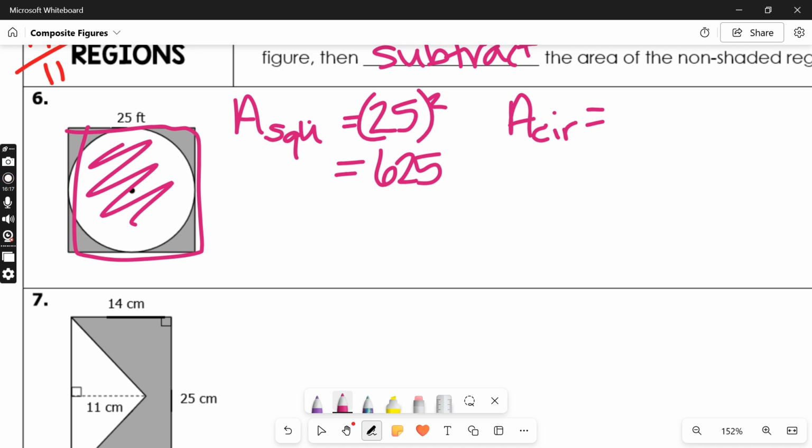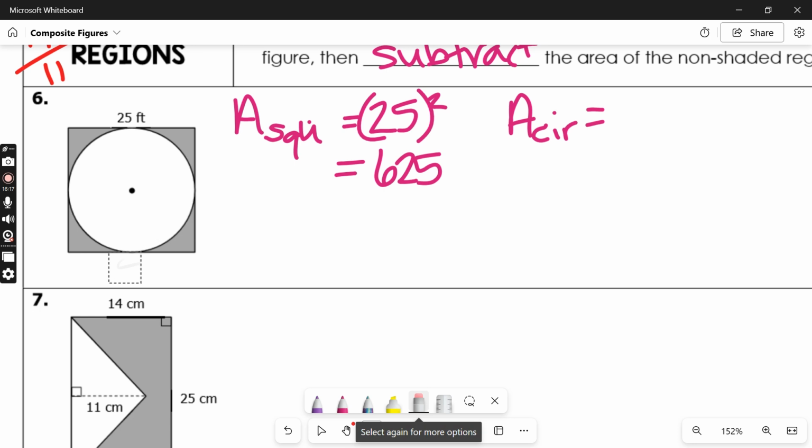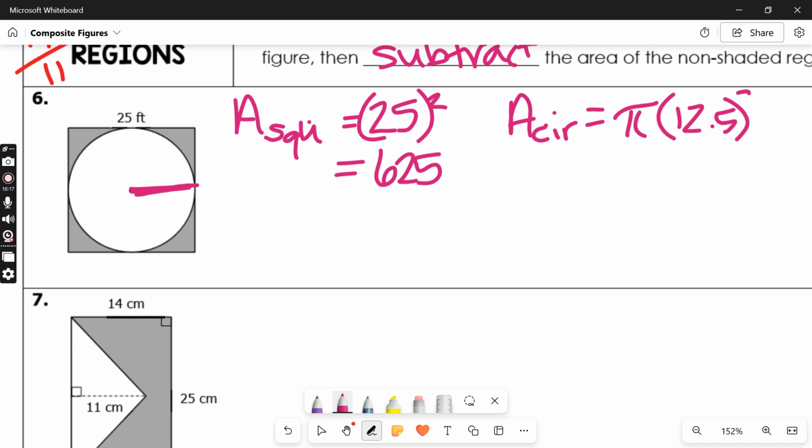Okay, so if I'm looking at this picture, I need the radius. The radius is going to be half of that side length, so I'm going to cut 25 in half. So this is going to be pi times half of 25, which is 12.5, squared.